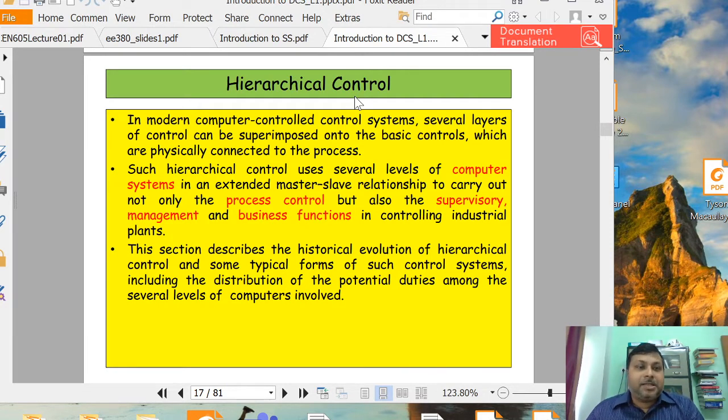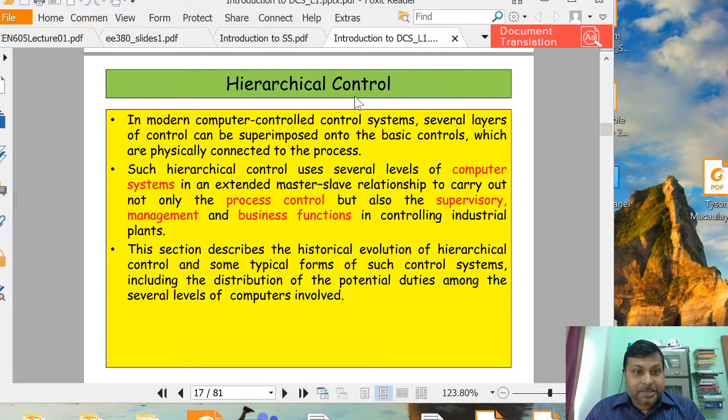Such hierarchical control uses several levels of computer systems in an extended master-slave relationship to carry out not only process control but also supervisory management and business functions in controlling industrial plants. So it is very clear what the uses of computer in automation are. They can be used for simple process control, for supervisory management, or to execute business functions.